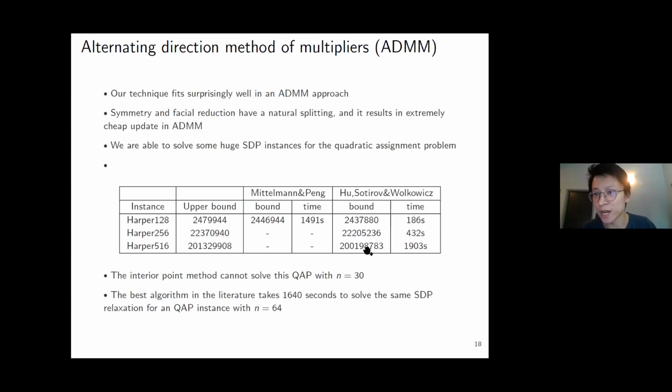A little price we have to pay here is that the second order method, like the interior point method, is slower for big instances. Sometimes it's most likely impossible to solve it. But whenever it is possible, it arrives at a very accurate solution, assuming Slater's condition, of course.